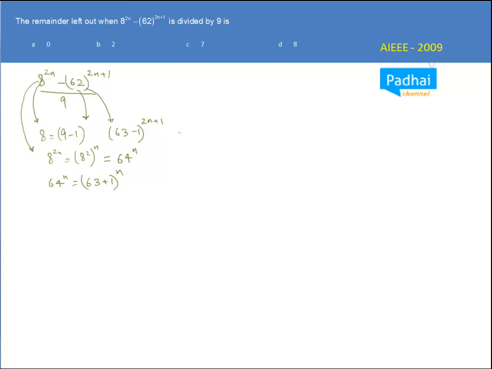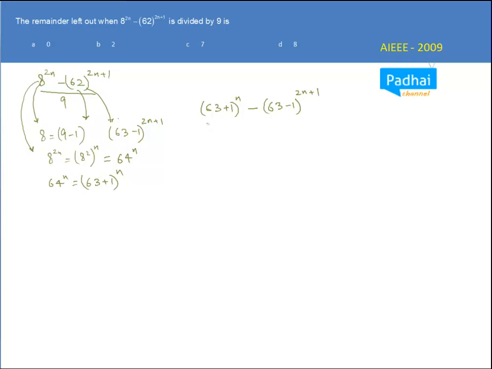Alright, so this is the whole scenario now. Now I just need to calculate these two things, that is, I have to see 63 plus 1 raised to power n minus 63 minus 1 raised to power 2n plus 1. Okay, so now this is the thing that has to be calculated.